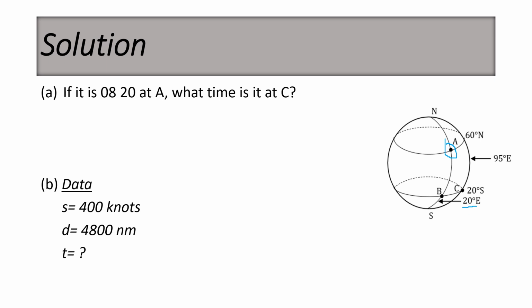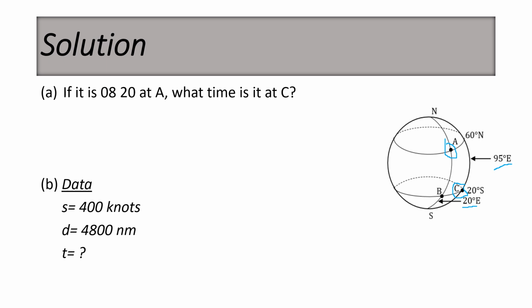Then we also have the longitude for point C, which is here. In this case, you can see that they are all on the same side, the east side. That's one thing you have to take note of. Since C is at 95 degrees east and A is at 20 degrees east.